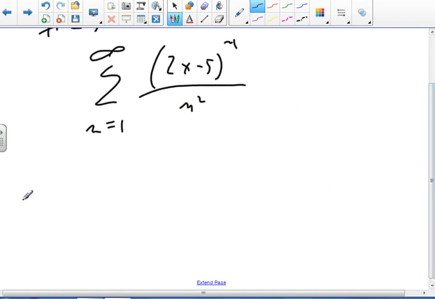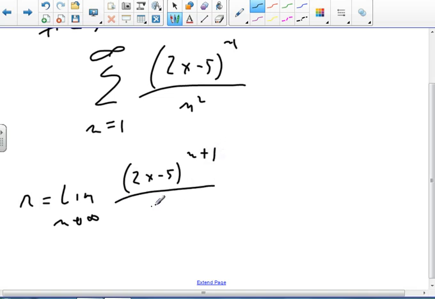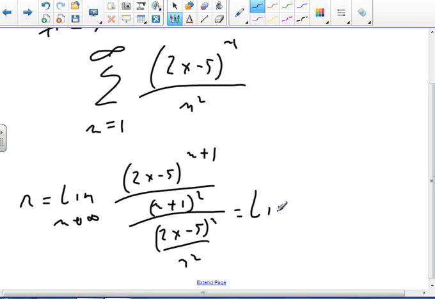So we're going to look at R, the limit as n goes to infinity of (2x minus 5) raised to the n plus 1 divided by (n plus 1) squared, divided by (2x minus 5) to the n divided by n squared.